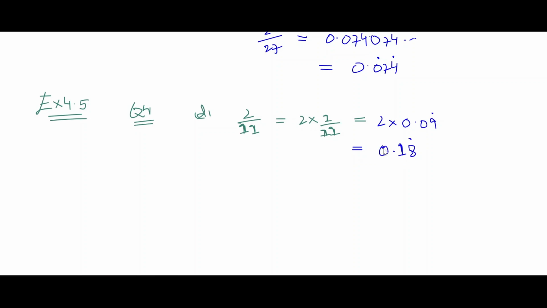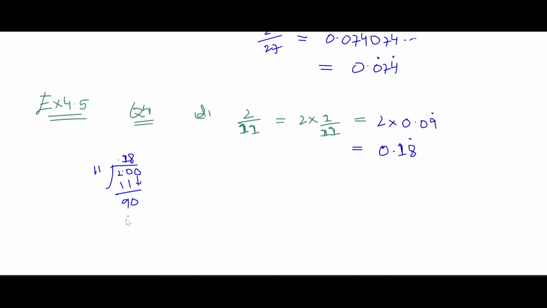You can simplify it and solve it like this. 2 divided by 11. There should be a point there and a 0 there. 11 into 1 is 11. Now we have a 9 and a 0. The 0 will come down, and it's 18.